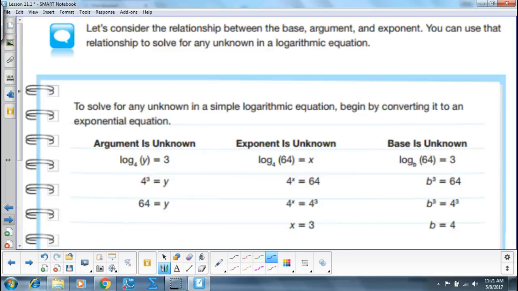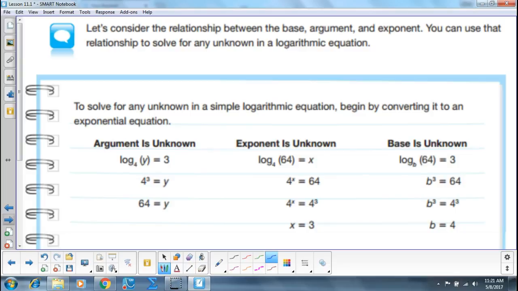Now, we're going to start talking about solving logarithmic equations. Now, there's three different parts to a logarithmic equation. There's the base, the exponent, and the argument. So depending upon which one is not given, or which one you have to find, I should say, is how you're going to go about solving it.